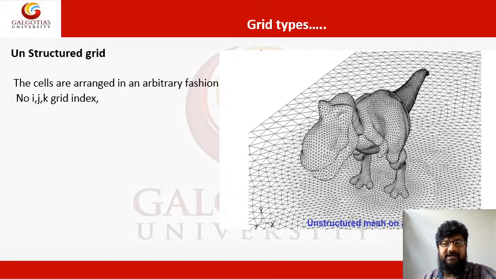Unstructured grids are arranged in an arbitrary fashion and used for complex geometry because they can accommodate the curvatures and complexity of the geometry. So there is no IJK grid indexing.